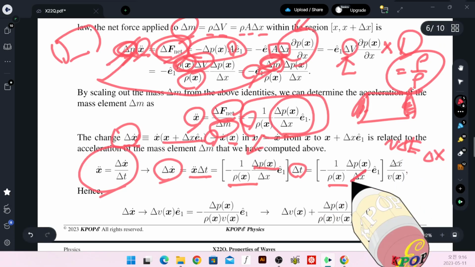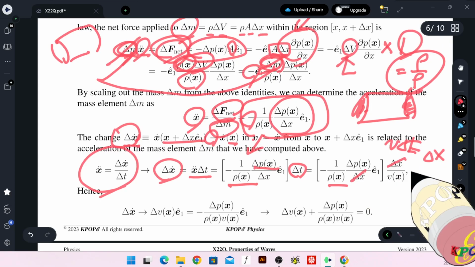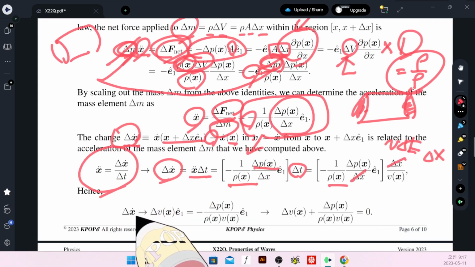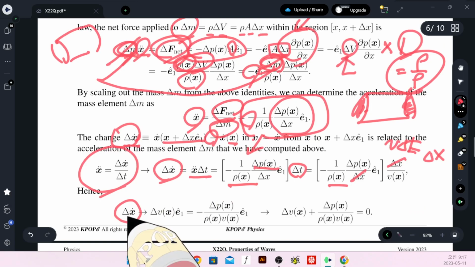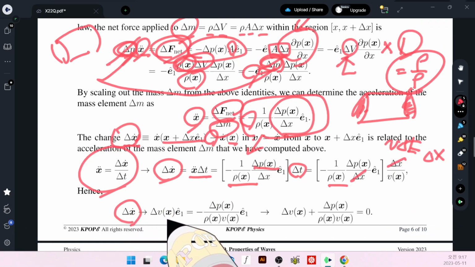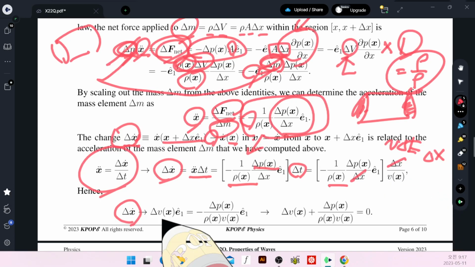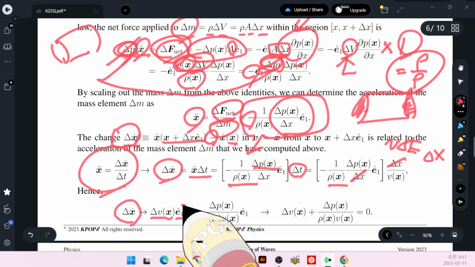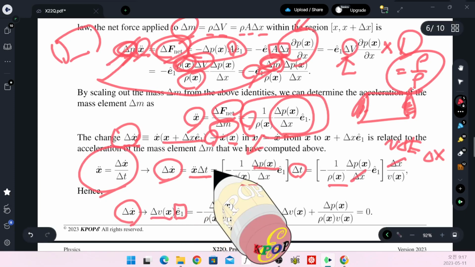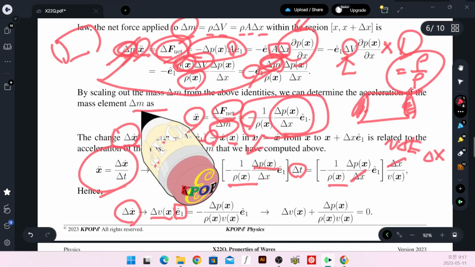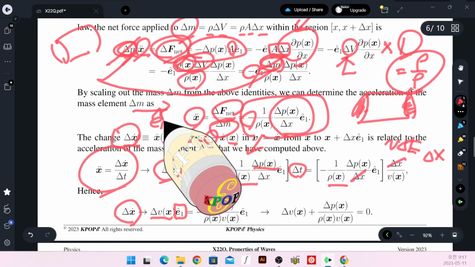Therefore, the x cancels to reach the point, the change in velocity. This was a scalar velocity, so the vector velocity is multiplied by the unit vector along that direction, this e1 hat direction.